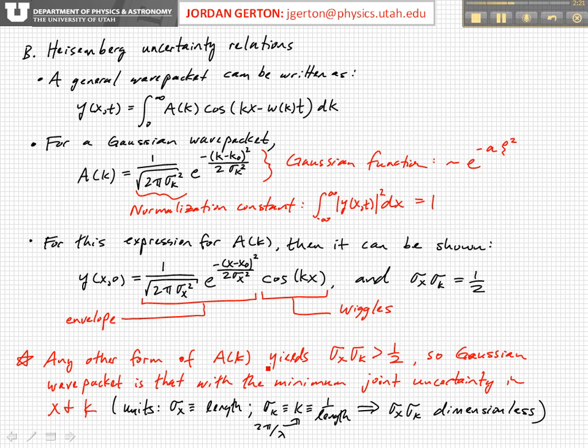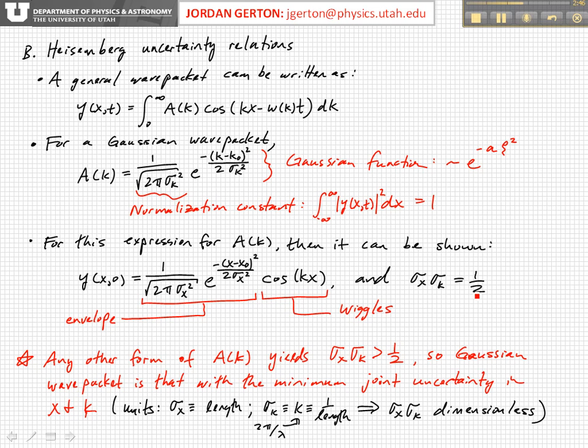Again, the Gaussian is somehow the minimum wave packet. It doesn't mean that it's the minimum in space, because you can make wave packets that have a narrower distribution in real space, but that means that they're going to have a wider distribution in k space, in wave number space, and the product of the two is going to be bigger than a half.